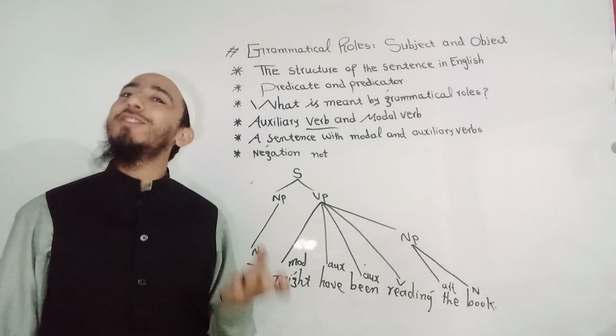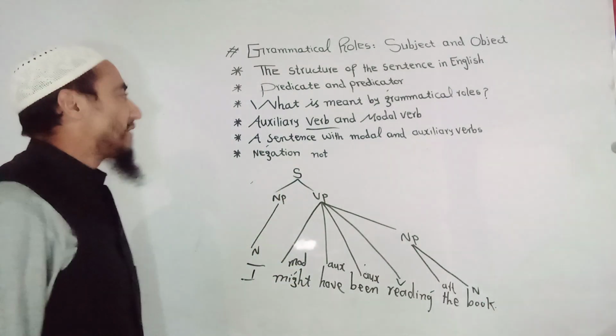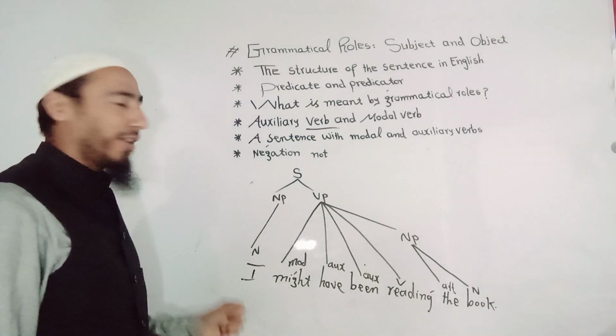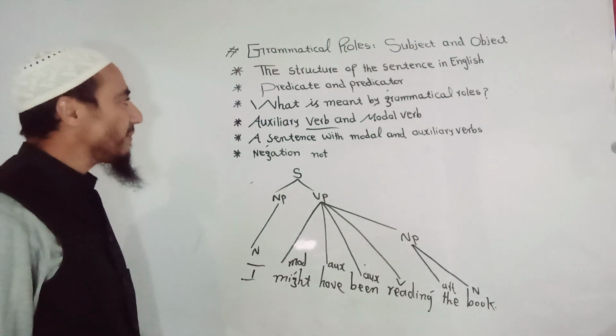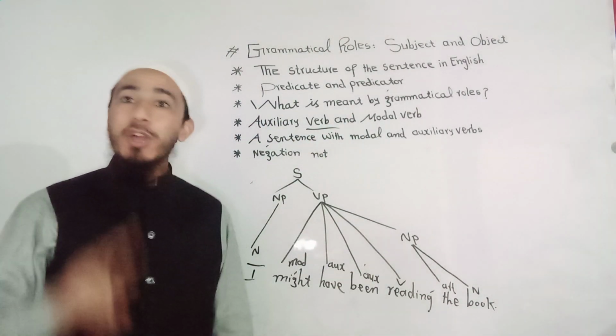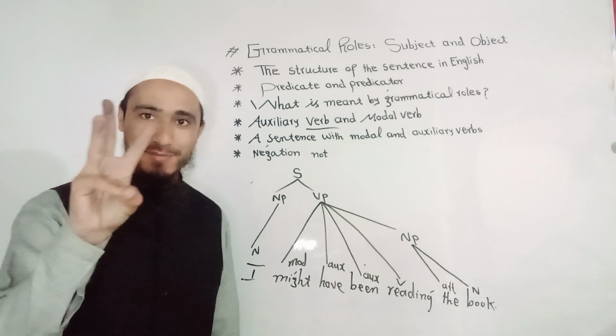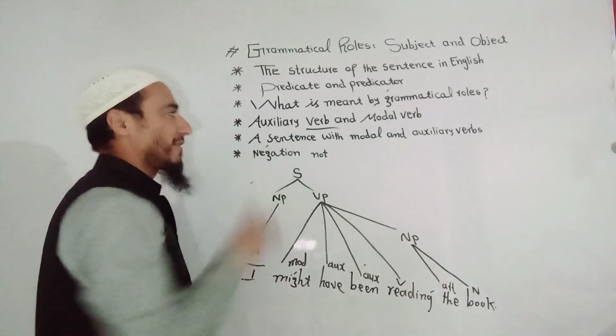Now, what would be the structure of negation? Another point, it's very interesting, and I'm very happy that I remembered it right now. This is about auxiliary verbs and modal verbs. I'm coming to negation, but first of all, let me talk about this point.